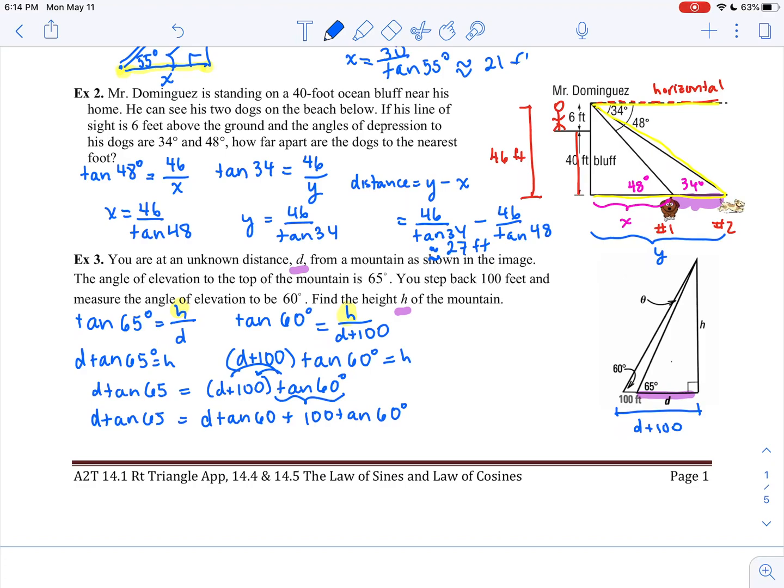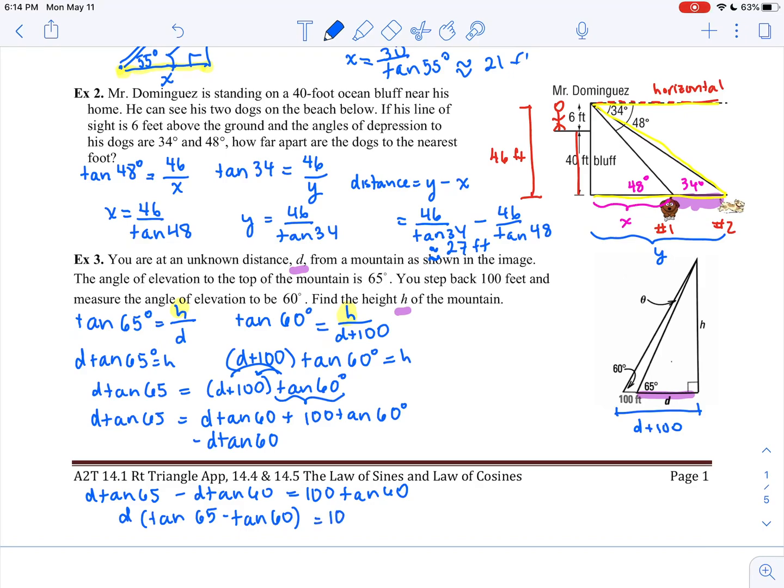We have variables d and d on both sides of the equation. So what I'm going to do is subtract this d term over to the other side. And I get d tangent of 65 minus d tangent of 60 is equal to 100 tangent of 60. So over on the left, d is in both terms. So I'm going to factor out my GCF of d.